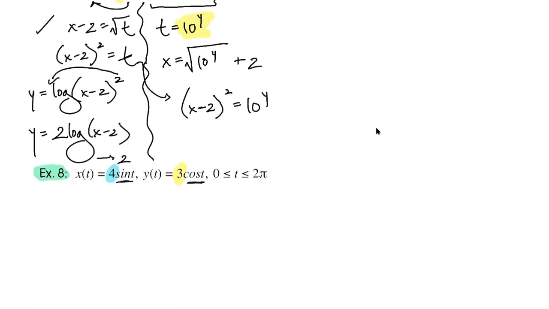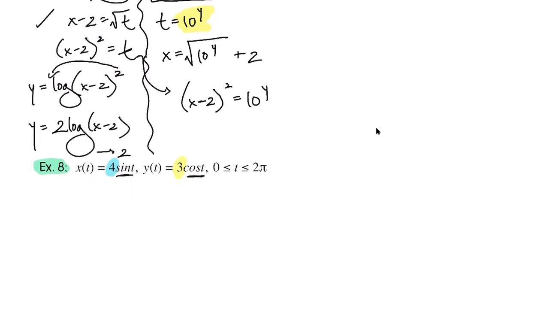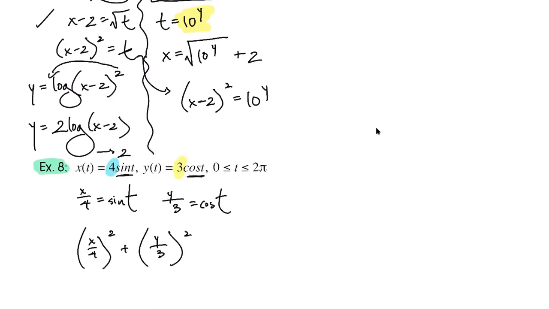So let's eliminate the parameter in the same way we did in the other one. So I'm going to divide the x by 4. I'm going to divide the y by 3. And I'm going to plug them into my Pythagorean identity, sine squared plus cosine squared equals 1. That's going to give me (x over 4) squared plus (y over 3) squared equals 1.